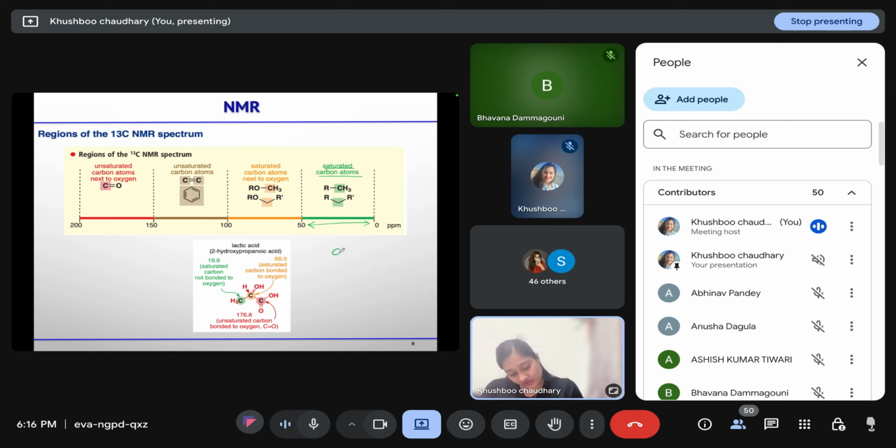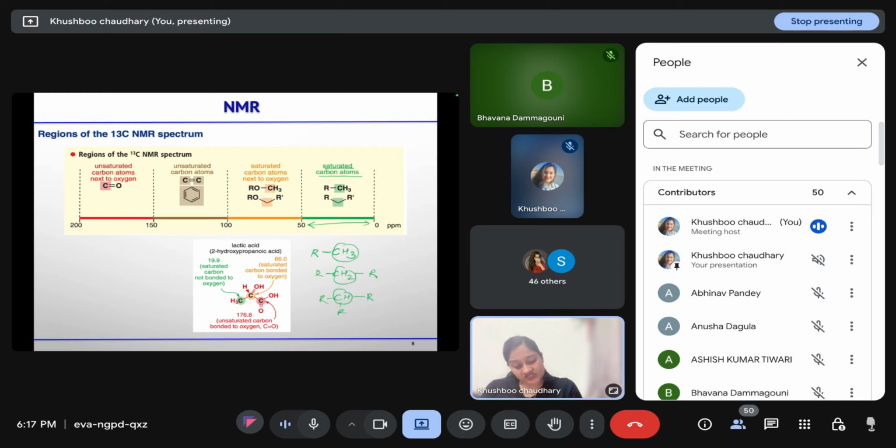If we have a methyl group attached to some alkyl chain, CH2 attached to alkyl chain on both sides, or CH attached to alkyl chain, these kinds of carbons will come around 0 to 50.